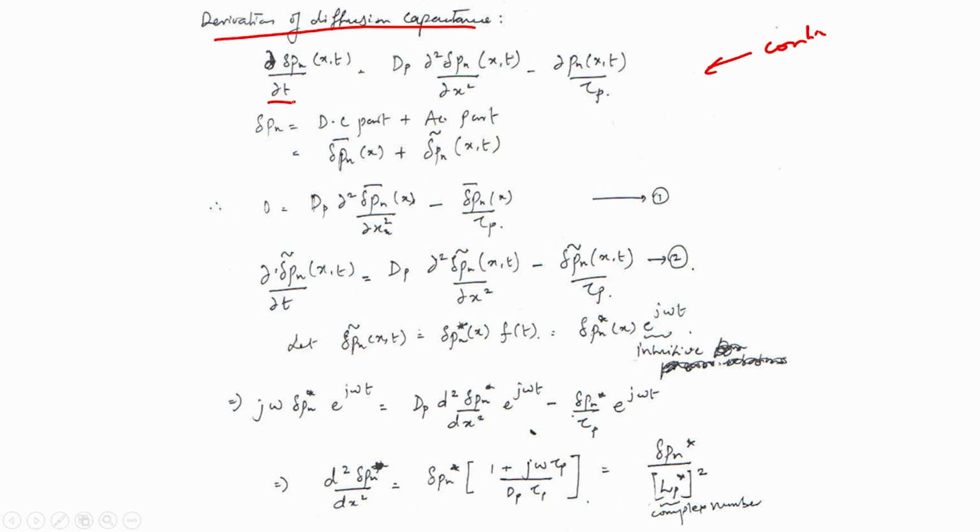So we are no longer interested in steady state, where we could simply say that this component was equal to d delta Pn by tau p and just get away with it.